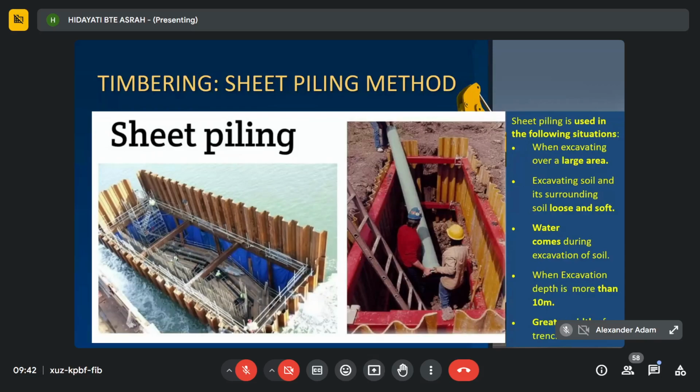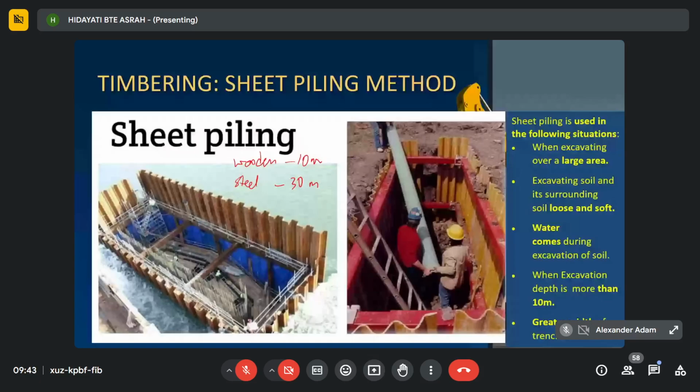For wooden, usually for 10 meter excavation, and for steel sheet pile, usually up to 30 meter depth of excavation. Steel sheet piles can also be found in different shapes and sizes, as you can see from this picture.